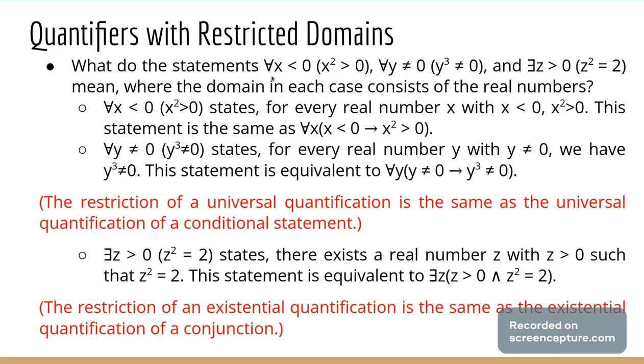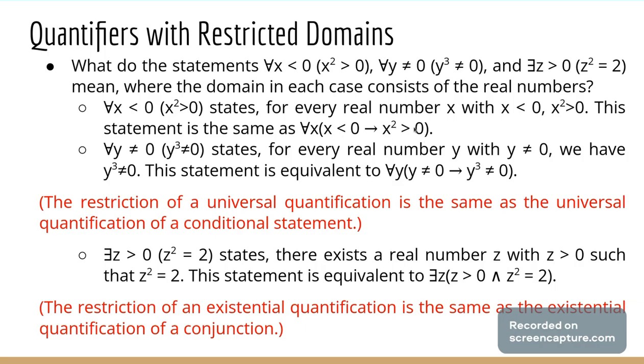The precondition is x less than 0, where x is a real number, and the predicate is x square greater than 0. So the condition is actually only if x is less than 0, that implies that x square is greater than 0. It can be written as for all x, x less than 0 implies x square is greater than 0. Whether it is true or false, we will look at later.